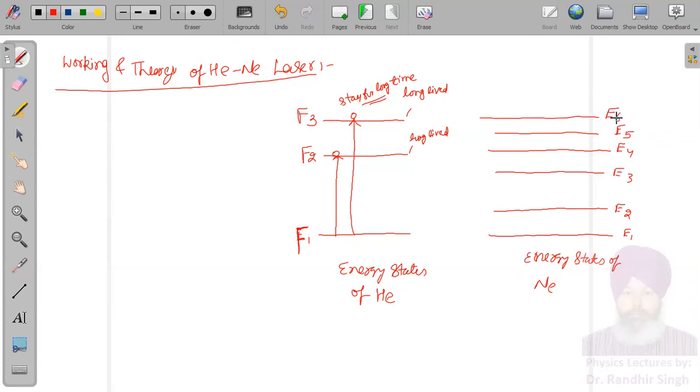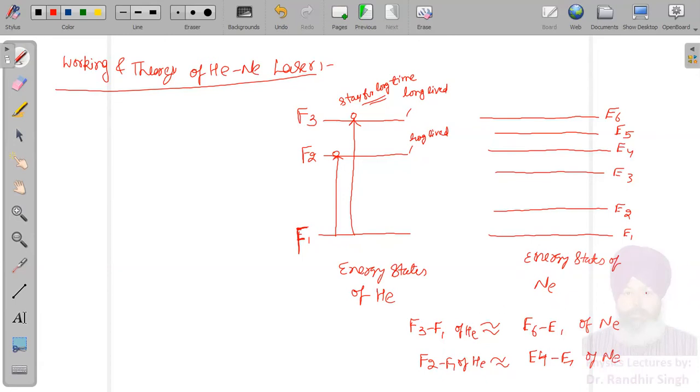It is just a coincidence that the energy difference E6 minus E1 of neon is approximately equal to the energy difference F3 minus F1 of helium. Similarly, the energy difference F2 minus F1 of helium is approximately equal to the energy difference E4 minus E1 of neon.